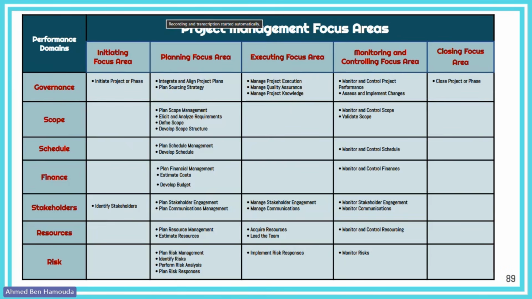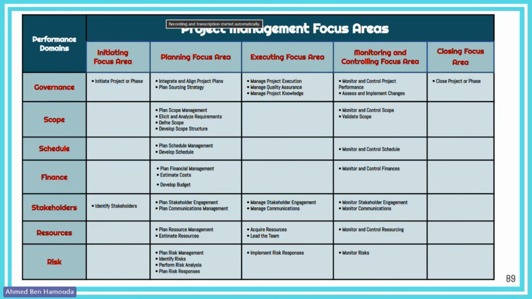Now, only a very small percentage of project managers do that on a daily basis. Really, only a very, very, very small percentage do that. Okay, to keep the stakeholders engaged on a daily basis.